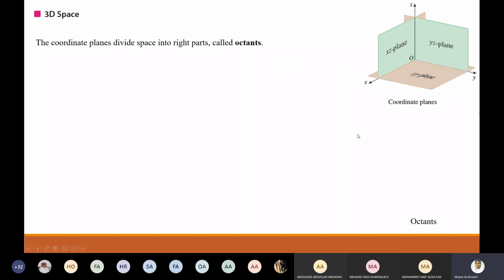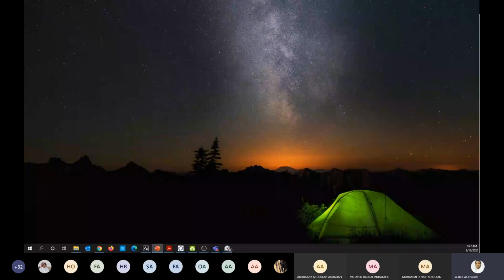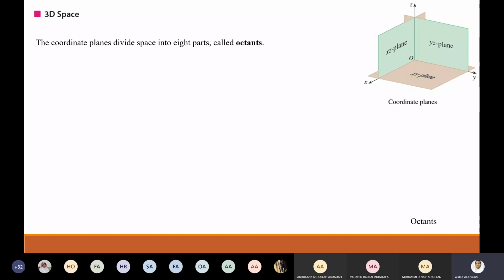So these divide the space into 8 parts called octants, and this is how we visualize the octants.